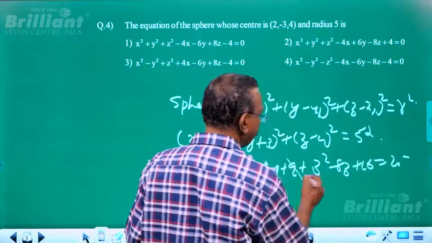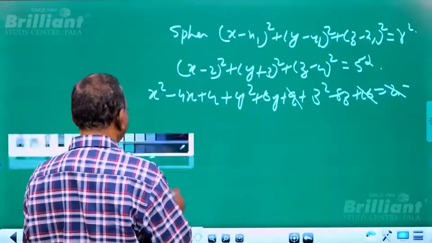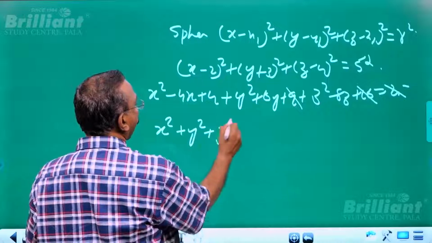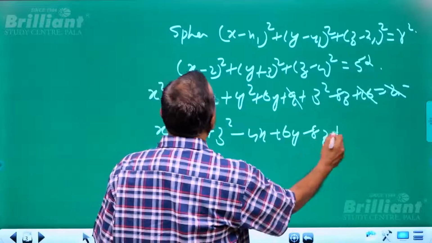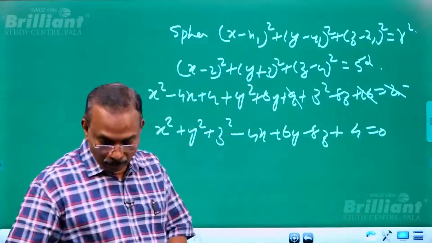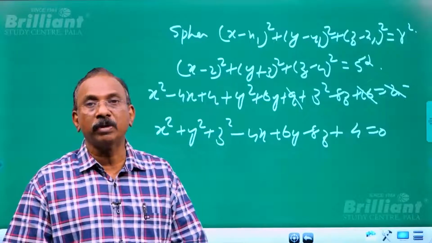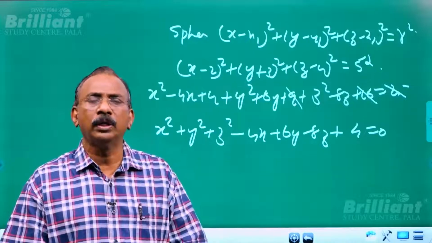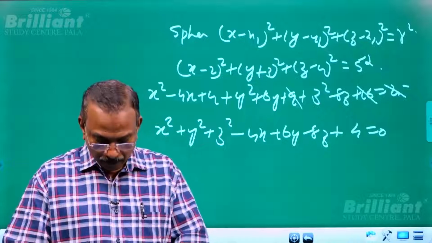So 5 and 25 will get cancelled from here, and finally it is written like this: x square plus y square plus z square minus 4x plus 6y minus 8z plus 4 is equal to 0, which is given in our second option. So we are directly applying the formula for the equation of a sphere. This is a three-dimensional geometry problem.